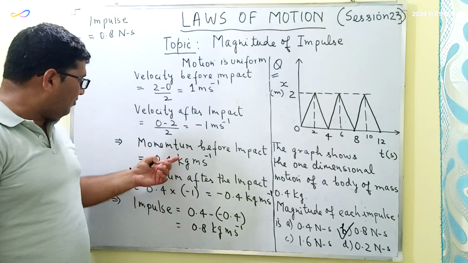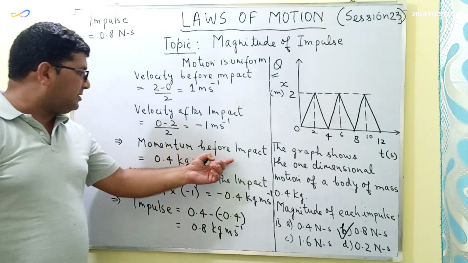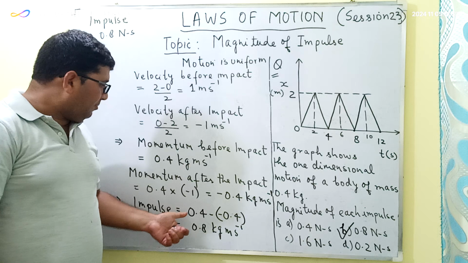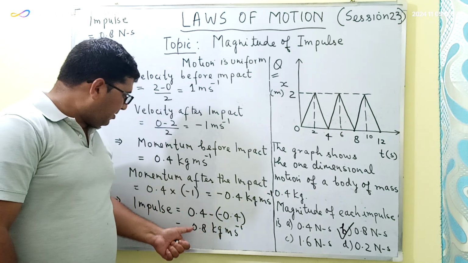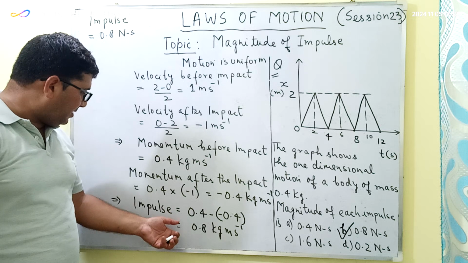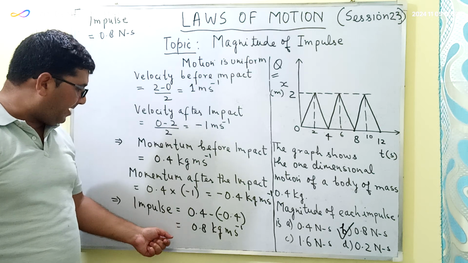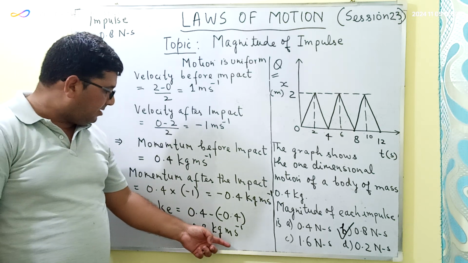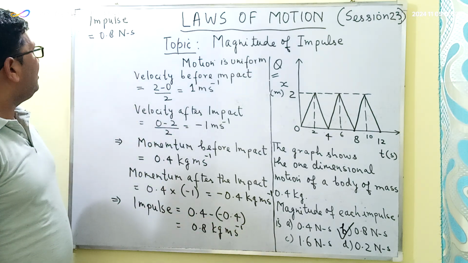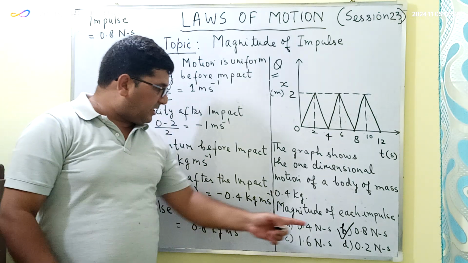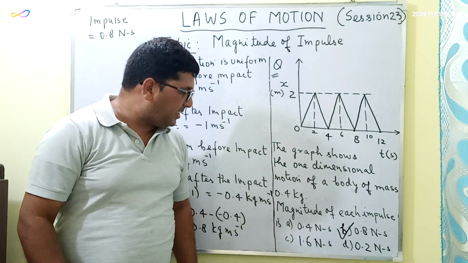So the change in the momentum will be equal to the momentum before the impact minus the momentum after the impact. So from here we got the impulse magnitude as 0.8 kg meter per second, or it can also be written as 0.8 Newton second. So the correct option here is B, that is 0.8 Newton second.